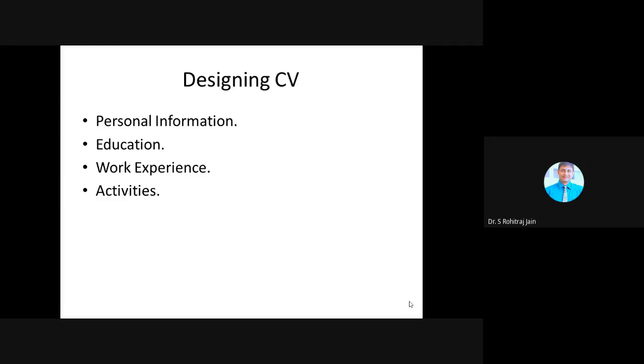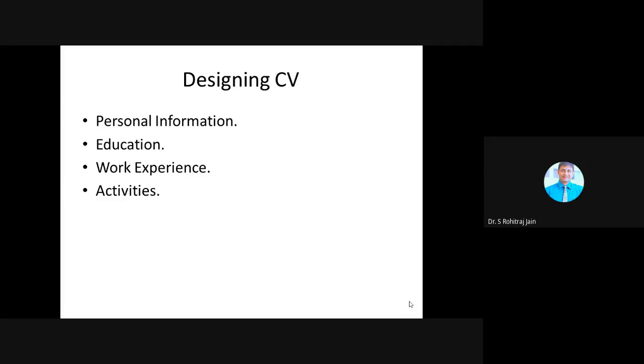You mention, for example, HR manager, and the organization or company, and the period, from when to when you worked there. And some can include one more column, like the major responsibilities in that particular organization.